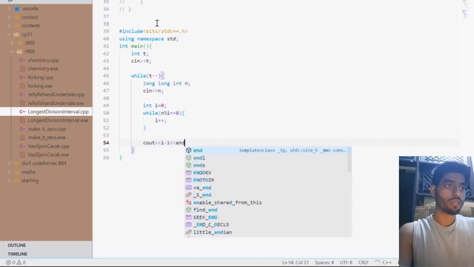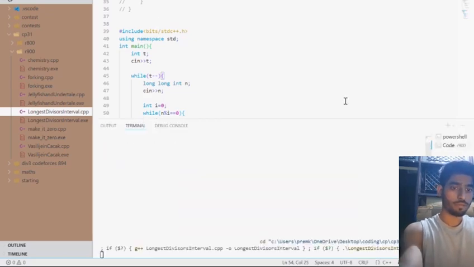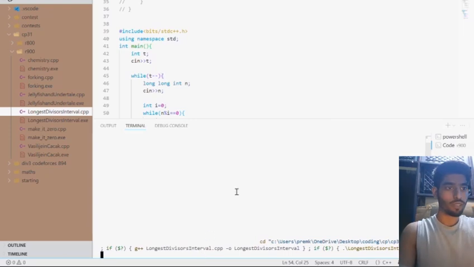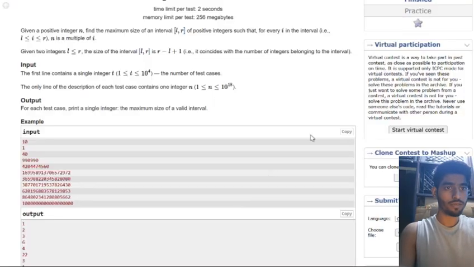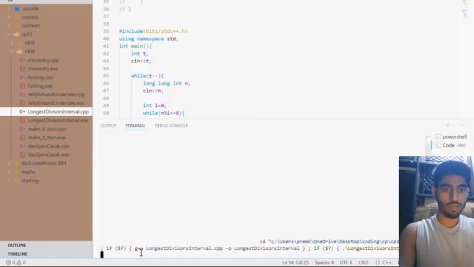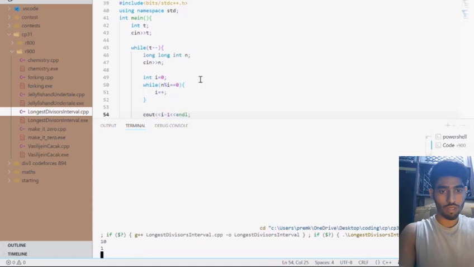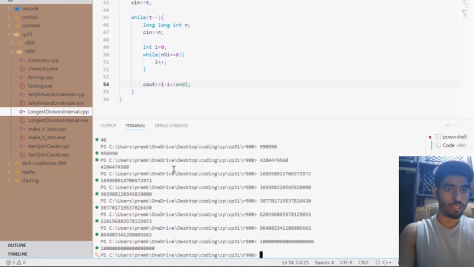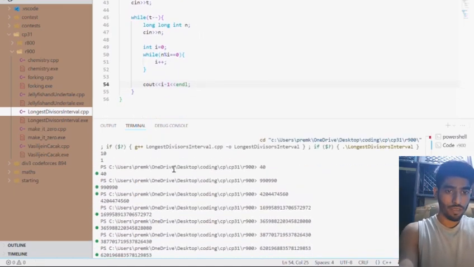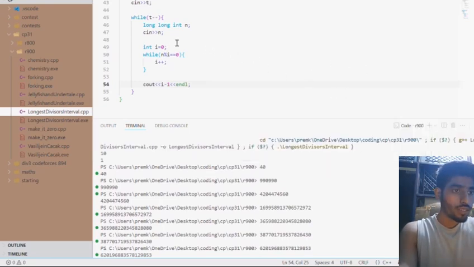This solution works fine, in my opinion. Like, we copy the test cases and paste them here. We get the solutions 3, 6, 4, 22, and 3, 1, 2, 2. You can check here, so we get the correct solution. Now we choose the file and submit it.